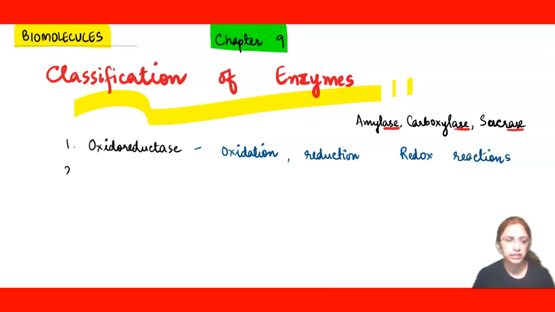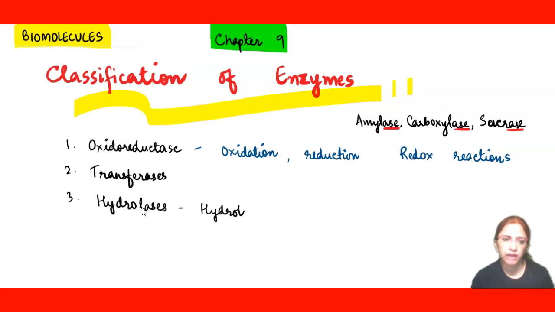Next class includes the transferases, and it includes all such enzymes that help in the transfer of one functional group to the other. The third class includes hydrolases that help in bringing the hydrolysis.